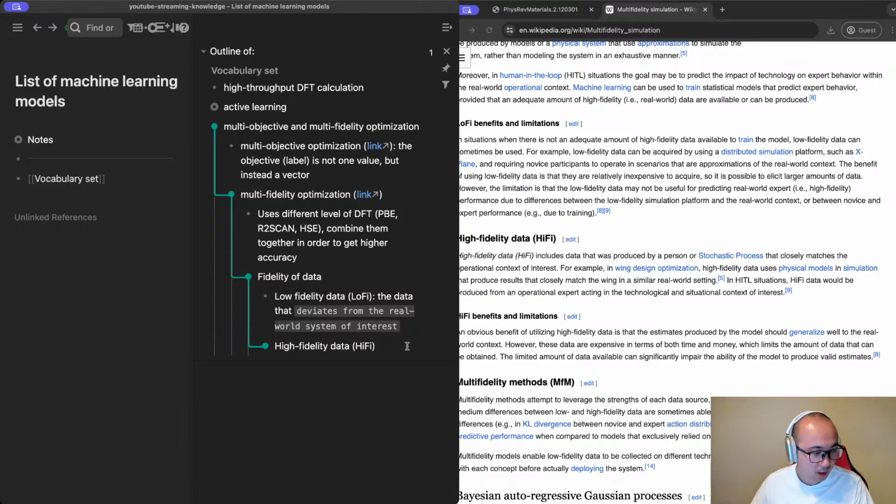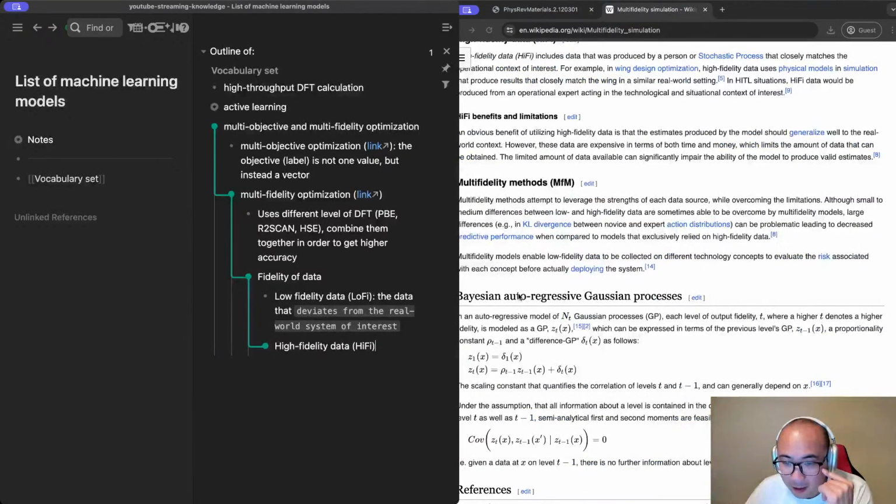The multi-fidelity methods exploit each data source while overcoming the limitations.